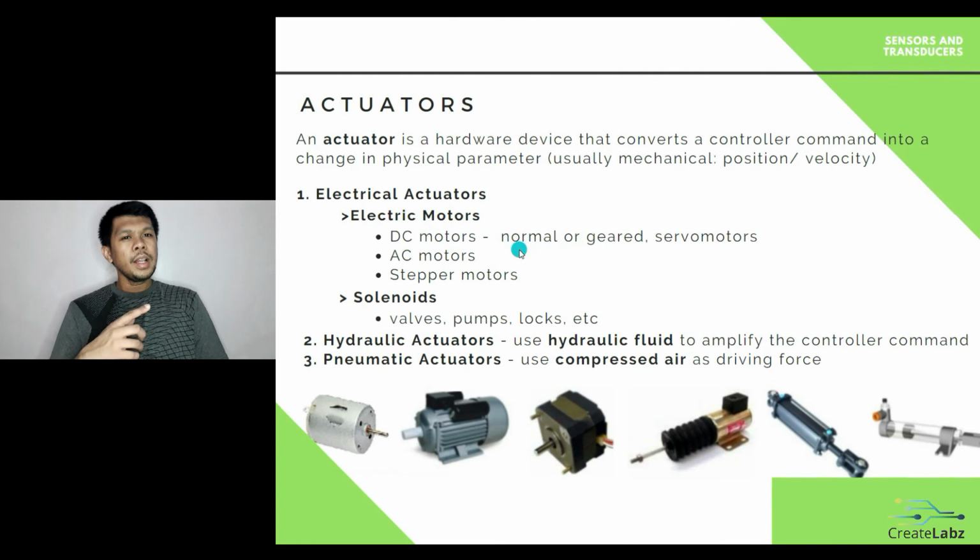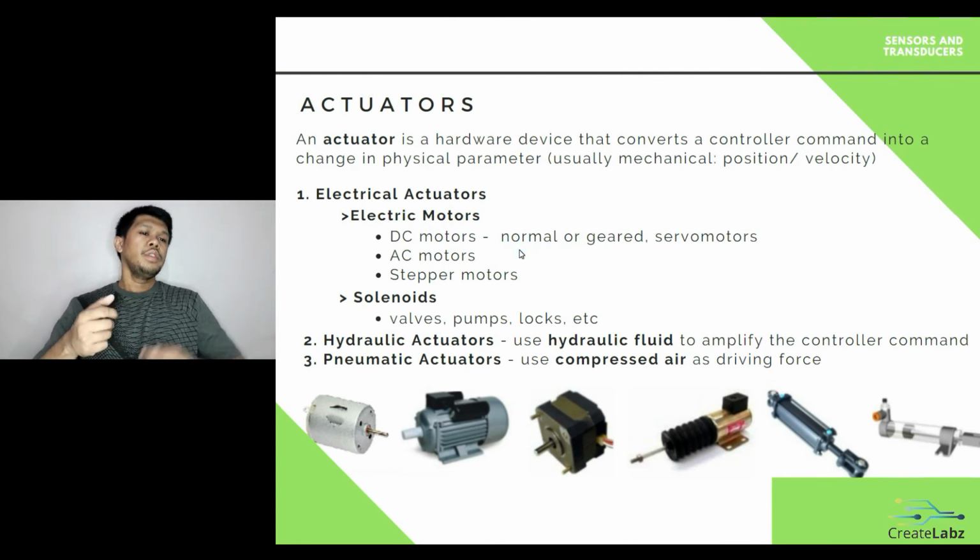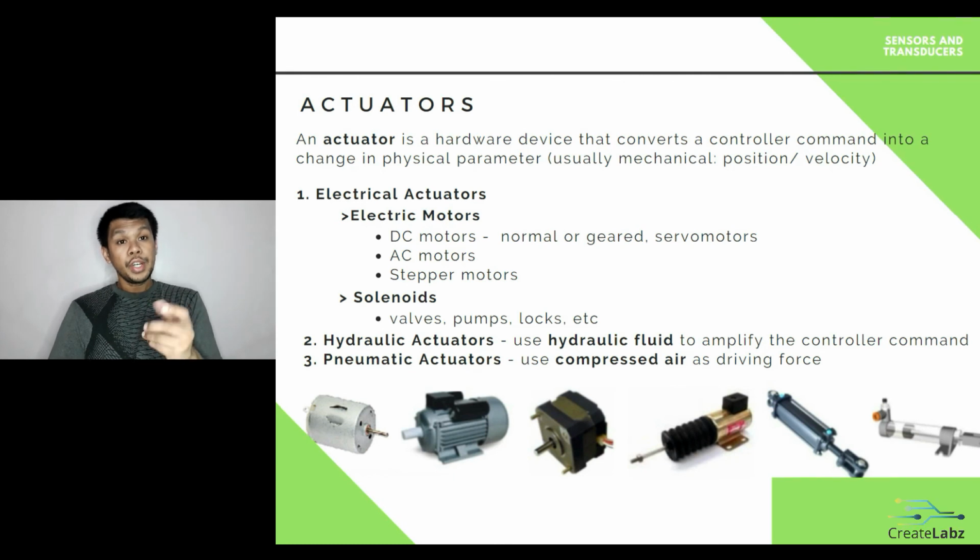You have the normal DC motor, which if you put power on it, then the rotor of the motor will turn. There are also geared DC motors, meaning you place additional gears so that you increase the torque but reduce the speed. There are also servo motors, which you can control more accurately.